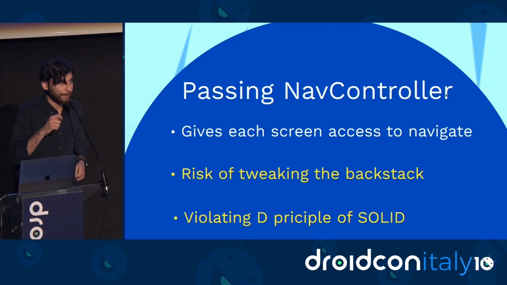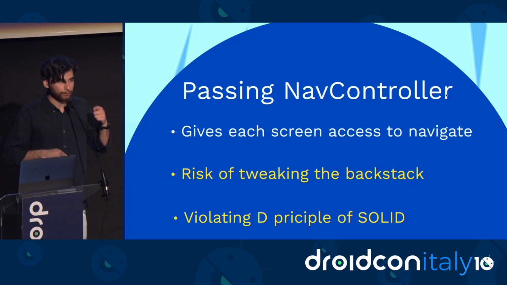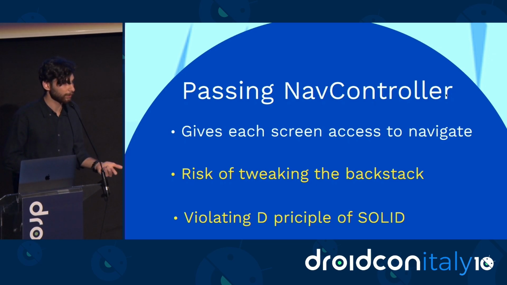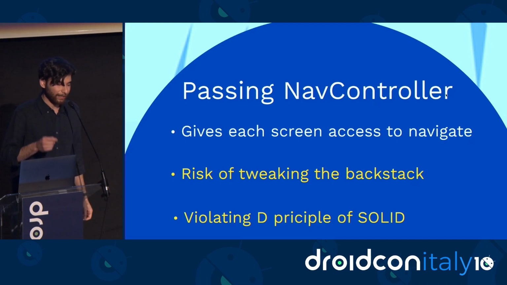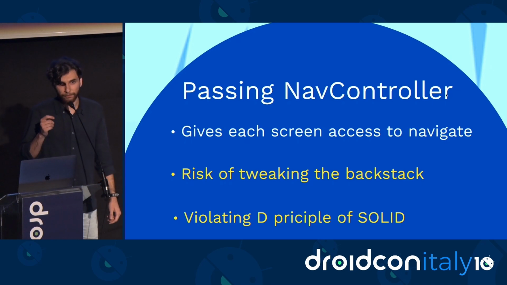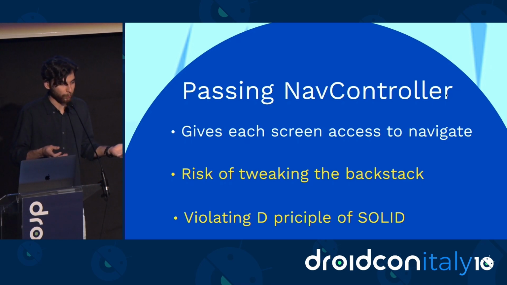But when you pass the NavController to every screen, you add a risk of tweaking the backstack from every screen. Each screen can call NavController.clear backstack or NavController.pop backstack or something like this. And trust me, it is going to take hours of your time trying to debug and find out who is calling what. I mean, it is basically an invisible problem.